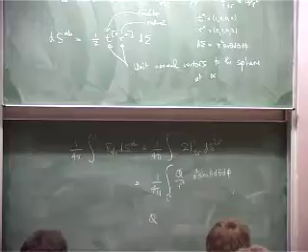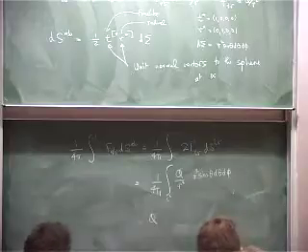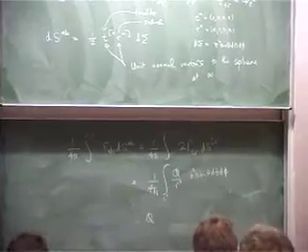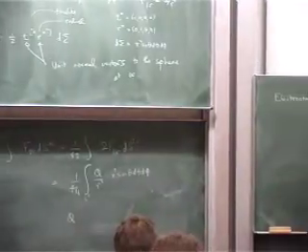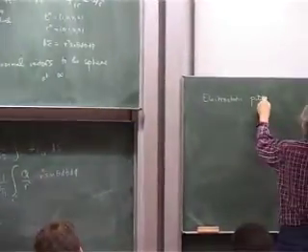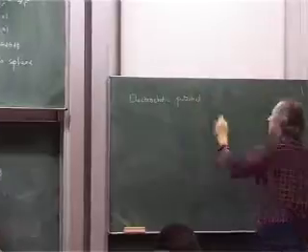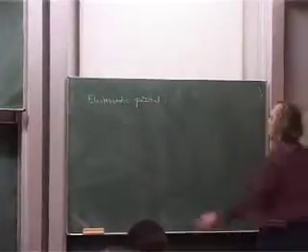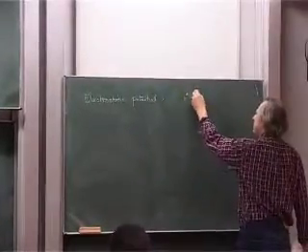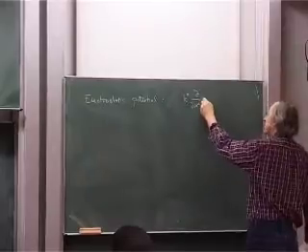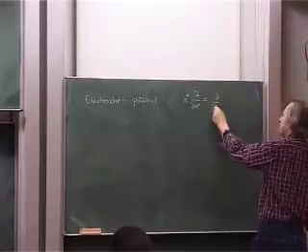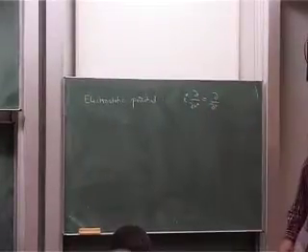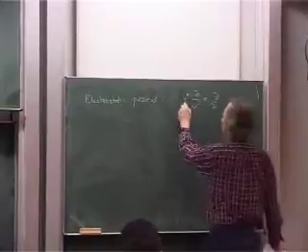Similarly, you can define an electrostatic potential. Take the Killing vector d by dt. So it's a Killing vector associated with time translation. That's a nice way of picking out what K is.